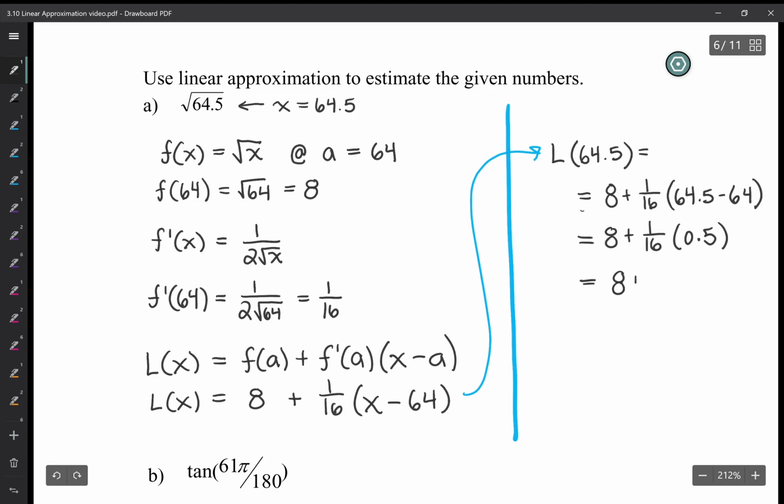So this is equal to 8 plus 1/16 times 1/2, which is equivalent to 8 plus 1 over 32. This is simplified enough without a calculator. So we have that the square root of 64 and 5/10 is approximately 8 plus 1 over 32.